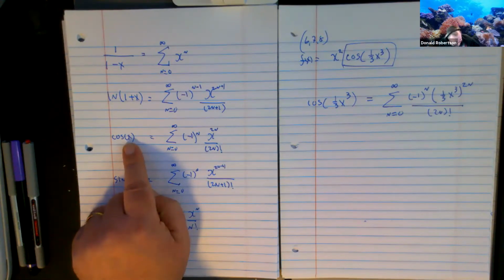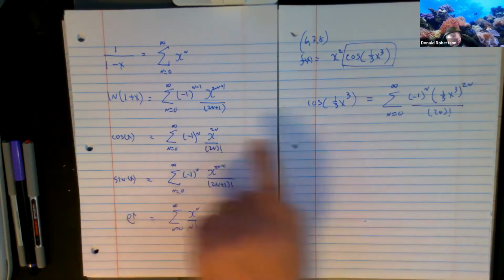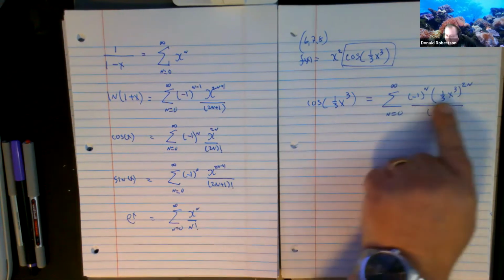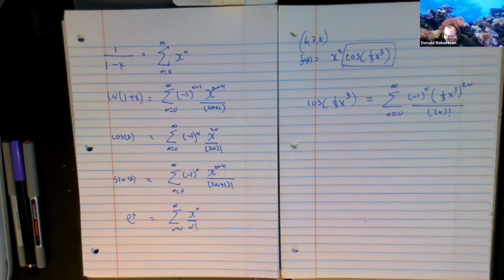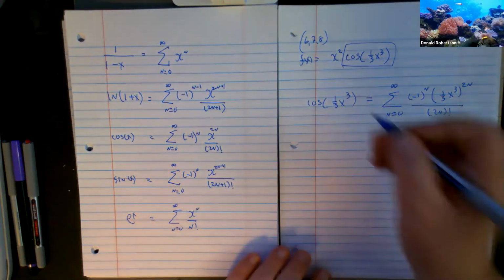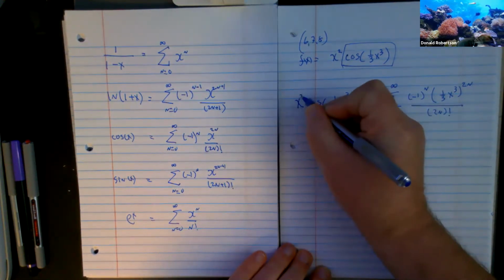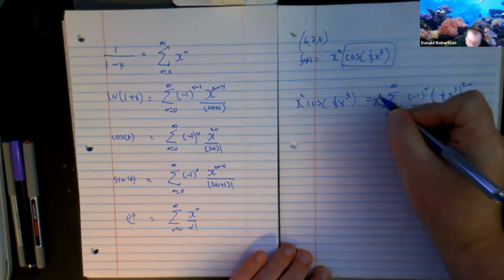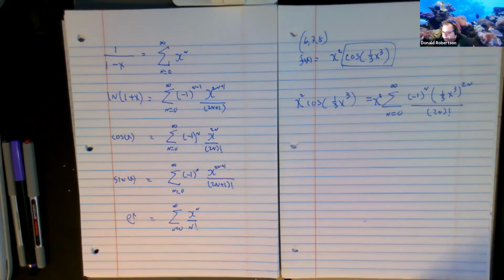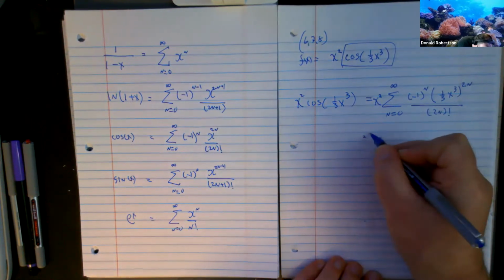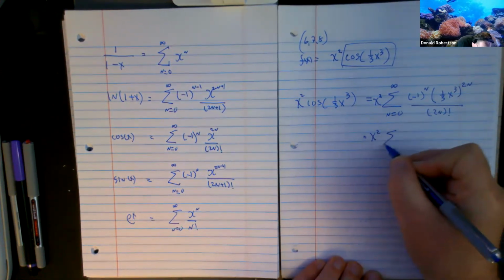I'm replacing this x with 1/3 x cubed. So far, so good? Now, there was a second piece to that: an x squared. Don't I just stick the x squared there for the time being? That's not a biggie. I'll just leave my x squared here for a little bit longer.